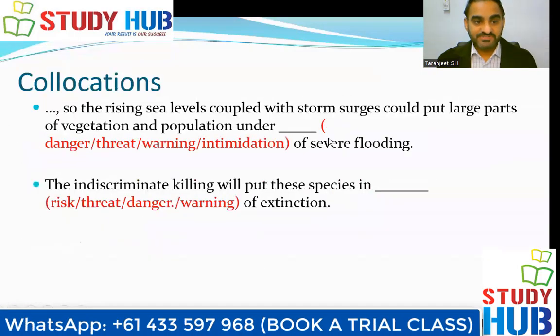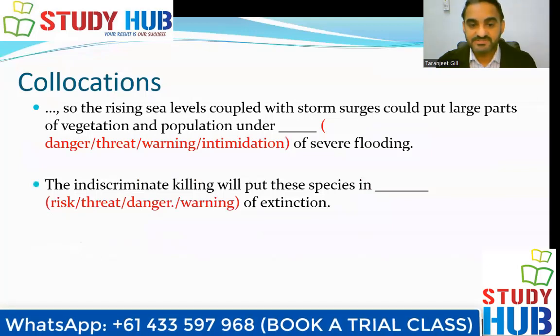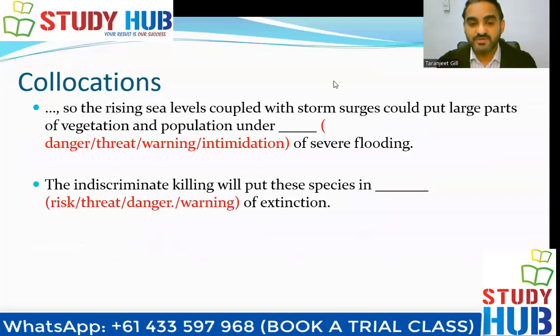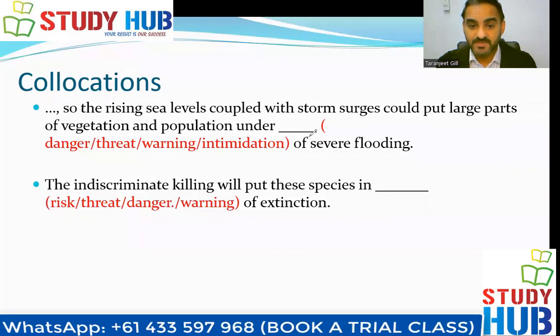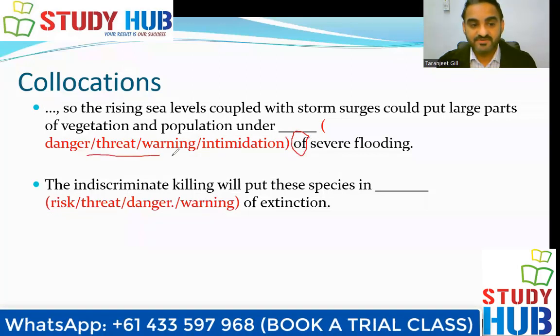Let's now look at the questions based on collocations. The rising sea levels coupled with storm surges could put large parts of vegetation and population under dash of severe flooding. A very common thing that you need to keep your eye on is, if you see a preposition after the blank, you are going to select a word that is mostly used with of.